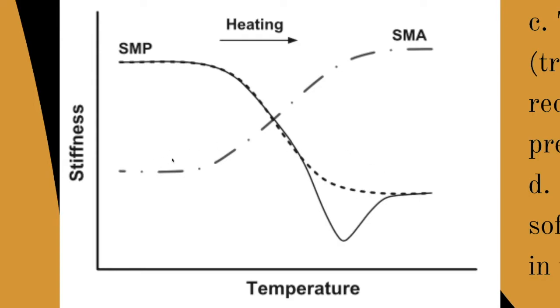But for the alloy, it starts from here, the stiffness, you start from the temperature. So temperature increases, and that way the stiffness is harder, because when you are cooling the temperature, there is martensitic transformation. So that's why.